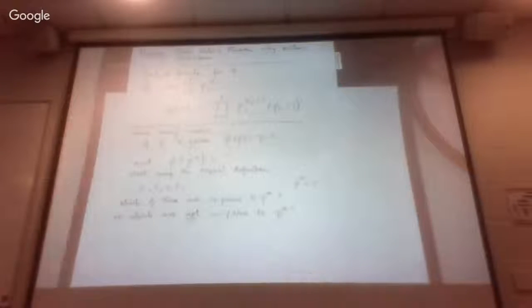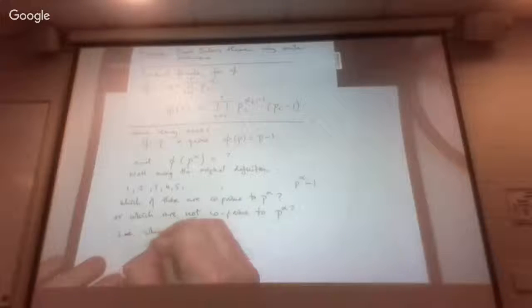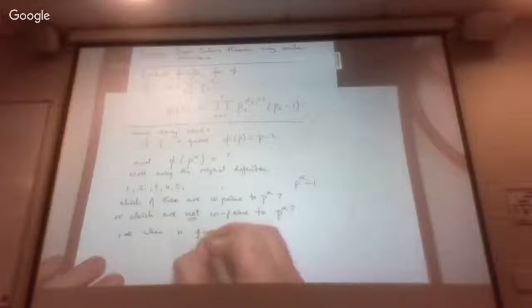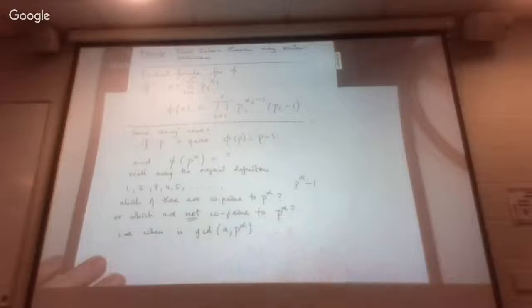Well, we can answer this question. What we're asking for is, when is the greatest common divisor of a with p to the alpha 1, and when is it something larger than 1?